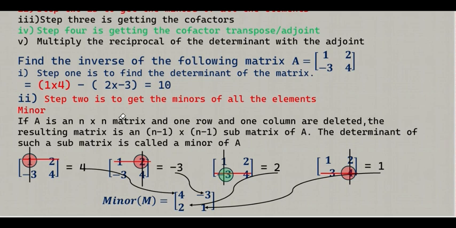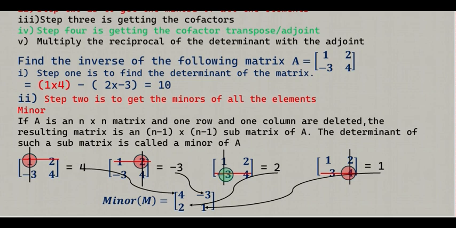I've actually given an example there. You can see that we have cancelled the row and the column. Once you do that, you get a submatrix, and in this case you get 4. So 4 is just a number.